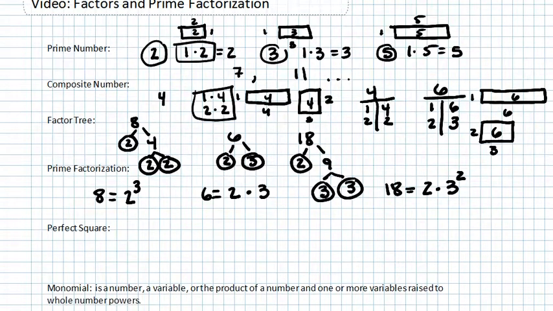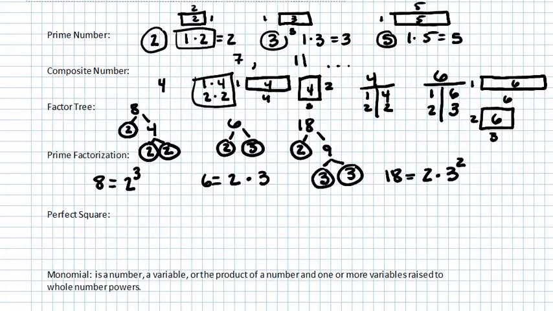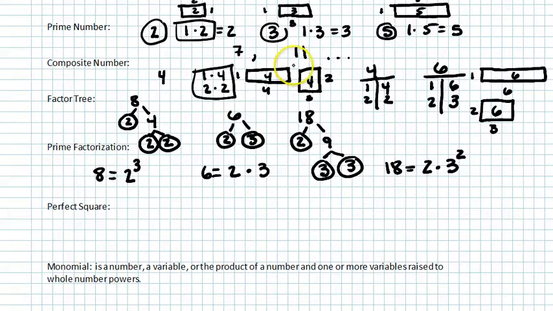Now let's think about what we call a perfect square. Notice how 4 has a factor of 2 in itself. And actually, when I draw the area, it forms a square. So 4 would be considered a perfect square.